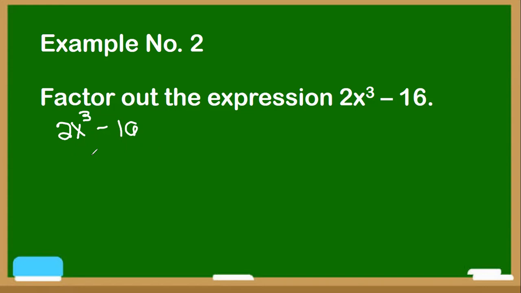No, we cannot do that. But of course, we can factor out the constant common to 2 and 16. We cannot factor out x cubed. So we're going to factor out using the greatest common factor.